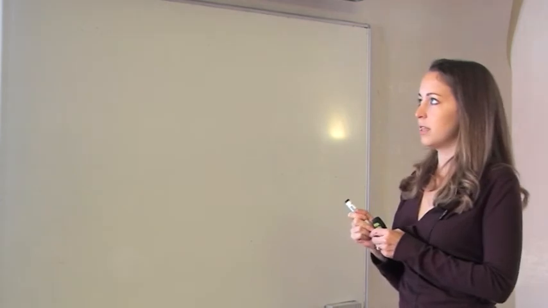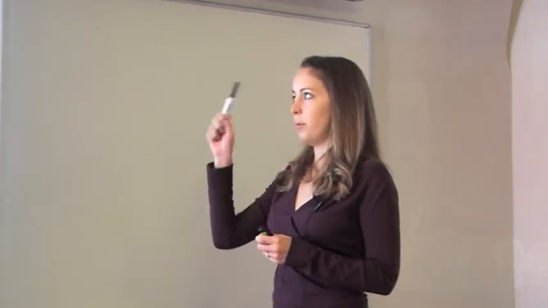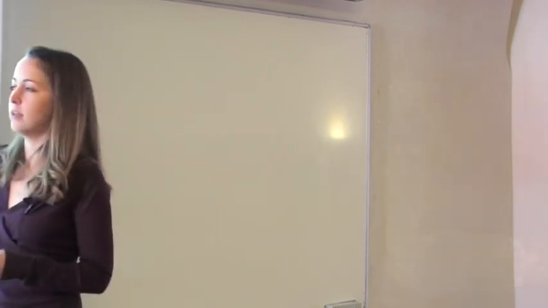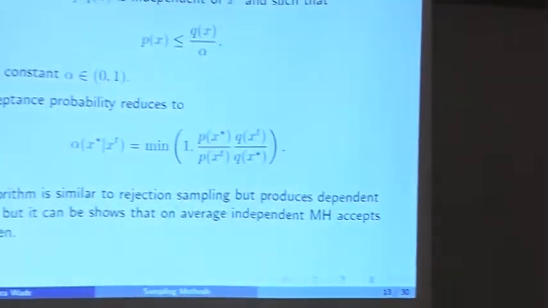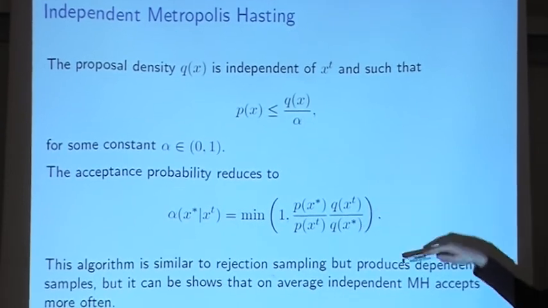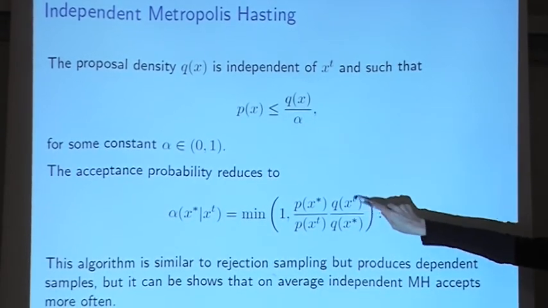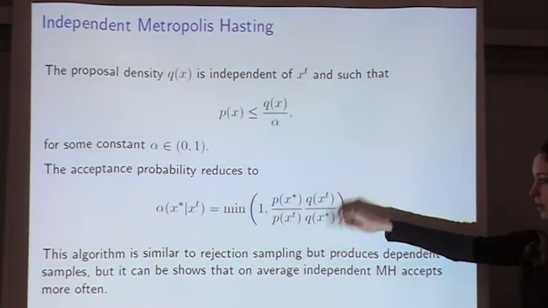Let's start with independent Metropolis Hastings. In this case, our proposal density is independent of our current state, and our proposal density must satisfy this inequality here for some constant alpha. And in that case, our acceptance probability reduces to this quantity here, right? Our proposal doesn't depend on our previous state here.